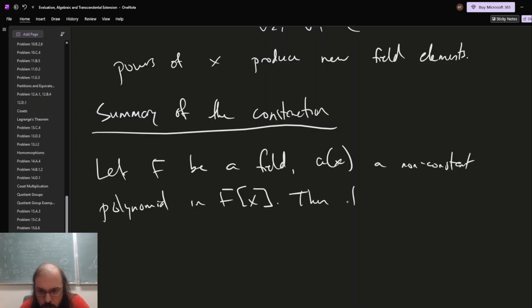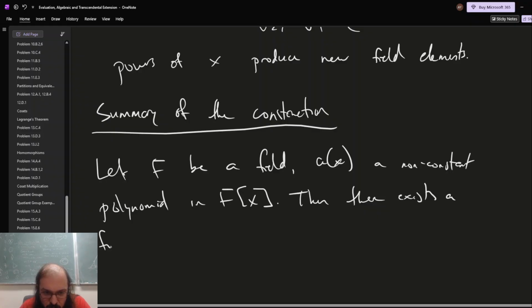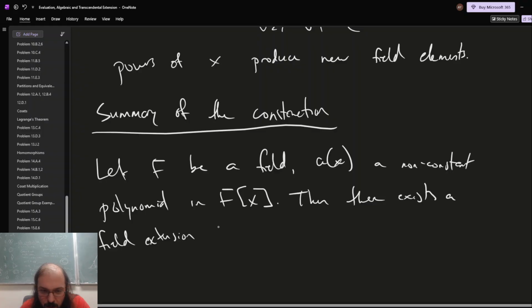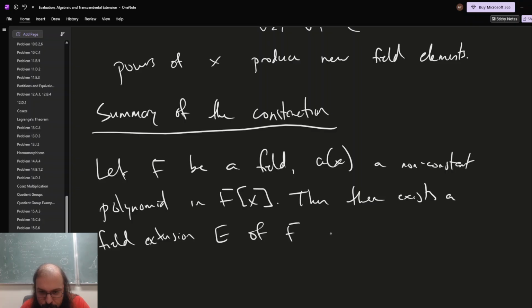Then there exists a field extension. He calls it E. That's a little bit annoying. I was calling it K. It doesn't matter. Field extension E of F containing roots of A.